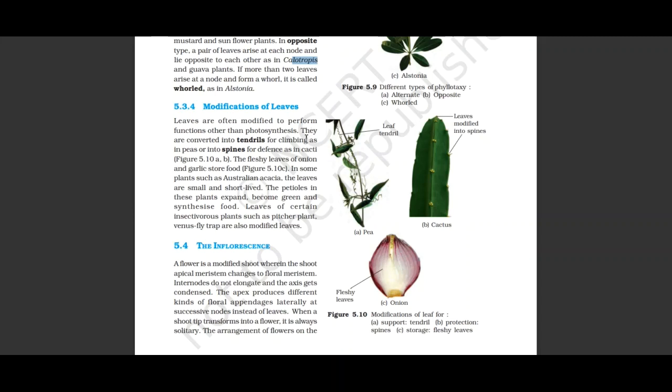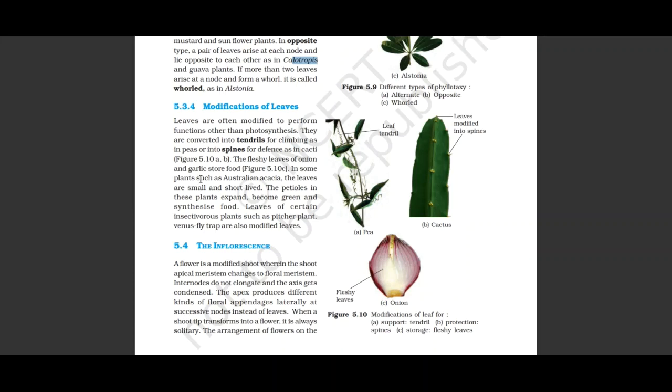They are converted into tendrils for climbing as in pea, or into spines for defense as in cacti. Figure 5.10a and b. 5.10a represents the support tendril, leaf tendril structure in pea, while the second shows protection spines in cactus. Leaves are modified into spines.